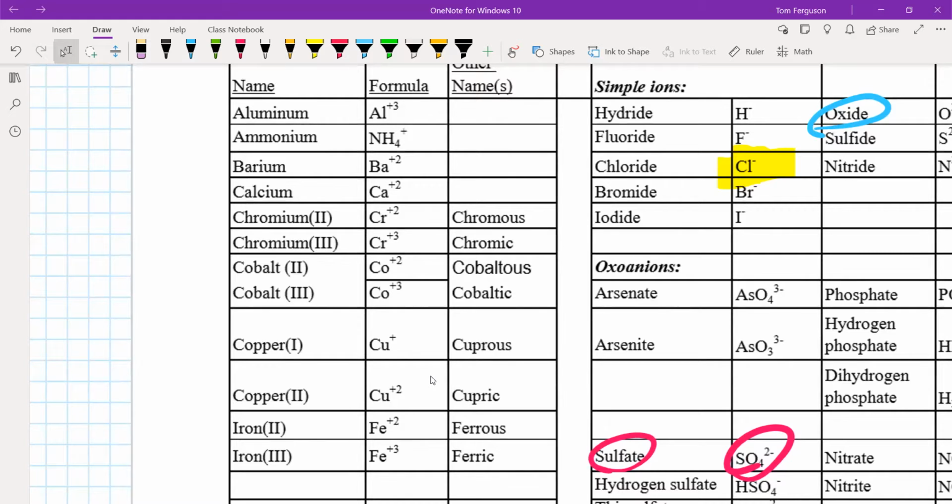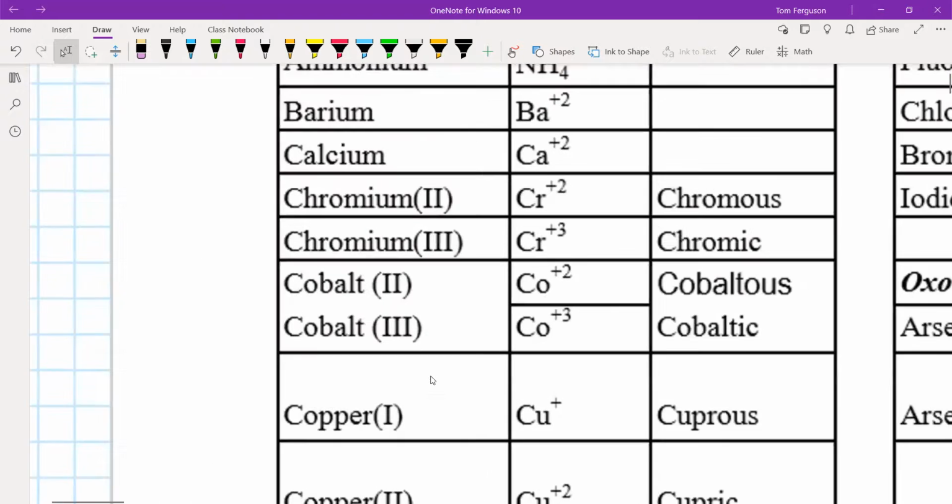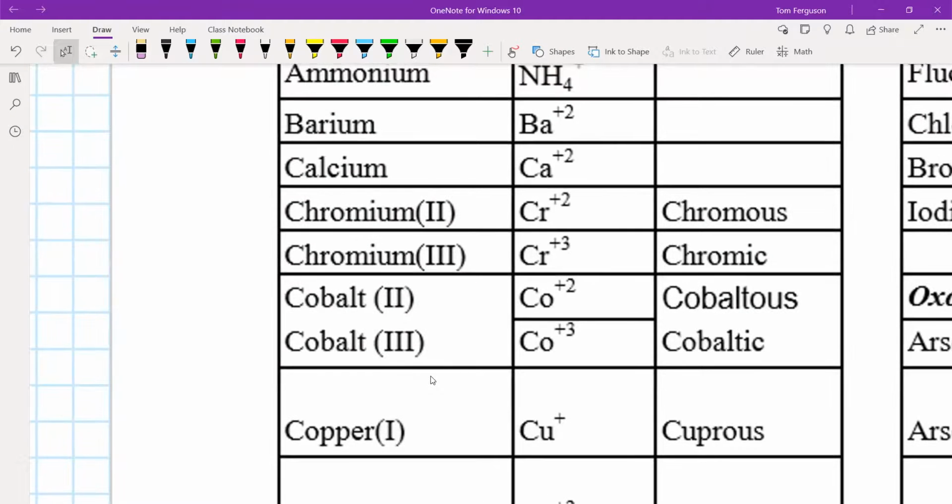There's the old way and the official way. The problem is the world still uses the old world naming. So let's look at chromium. Now, if you name this chromium 2 sulfate, for example, let me just write this over here.